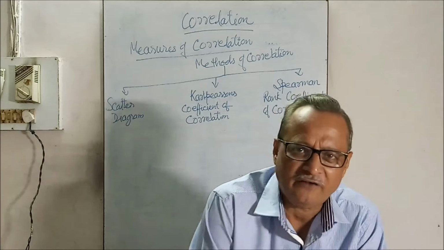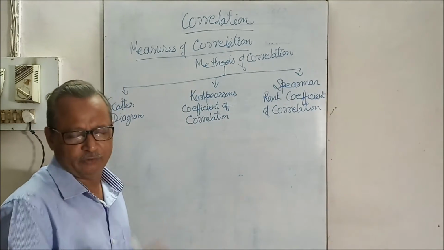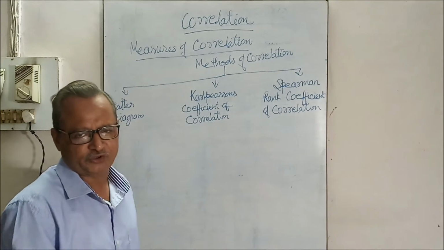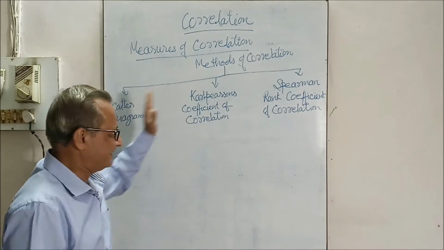The first method of analyzing the extent of correlation between two variables is the scatter diagram.